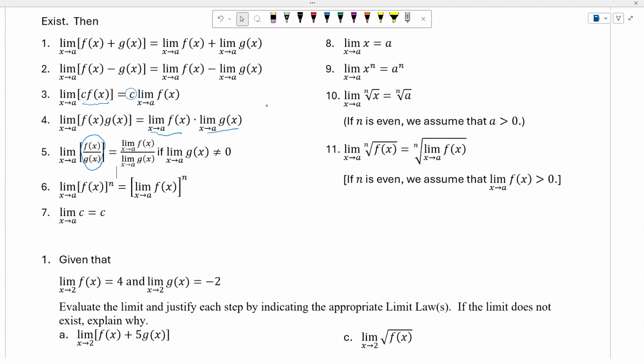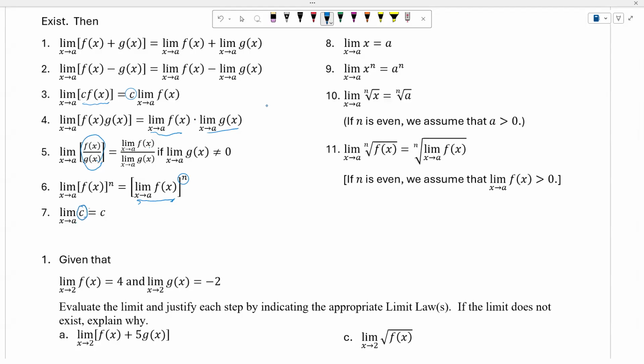And if we have a function raised to the power of n, then we can evaluate the limit of f of x first, and then raise it to the power of n. Now, the limit as x approaches a of c is equal to c. How do we consider this c?